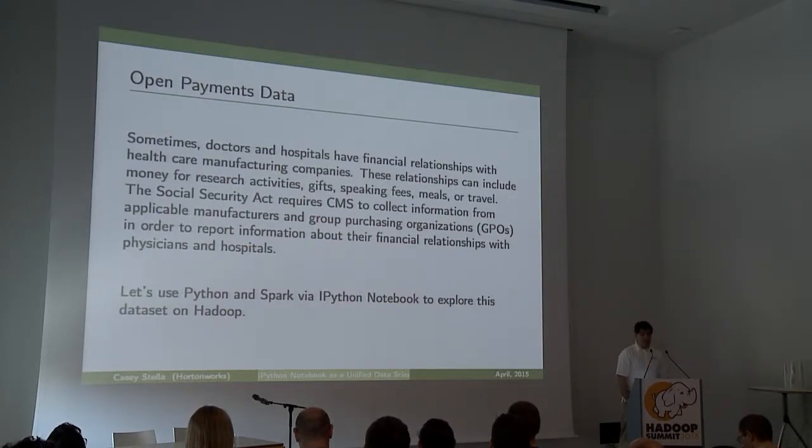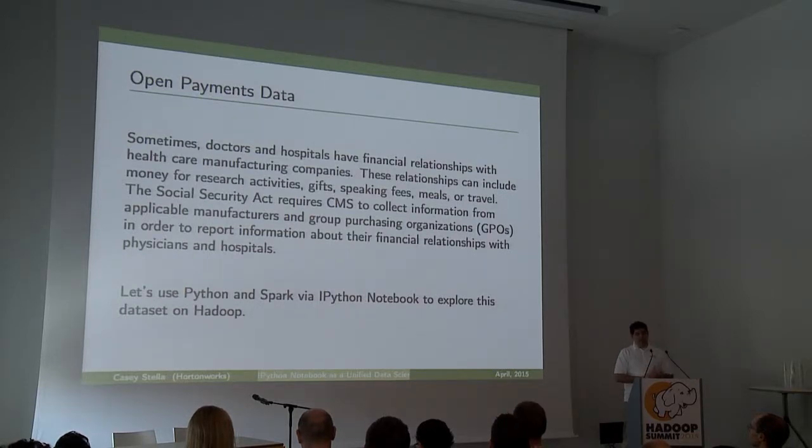Okay, so on to the demo. As part of the Healthcare Act in the United States, we've opened up some data sets. We're trying to be more transparent about, in particular, physician relationships with the corporations that provide money.